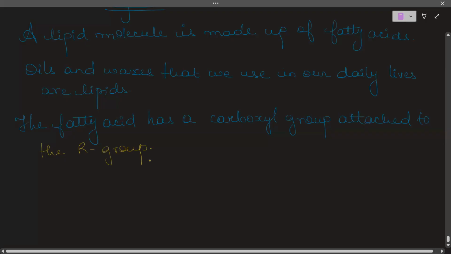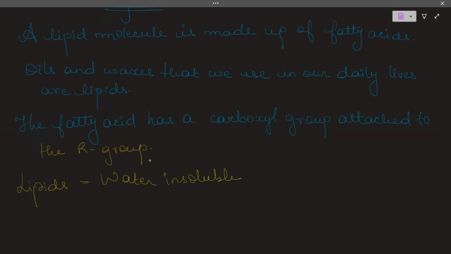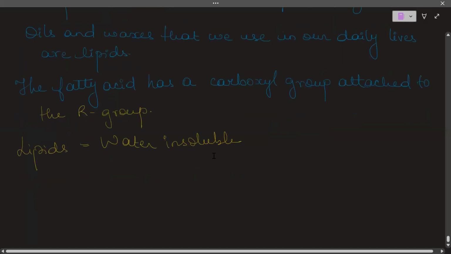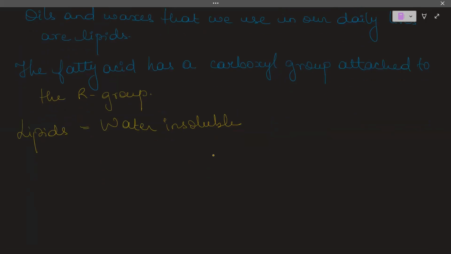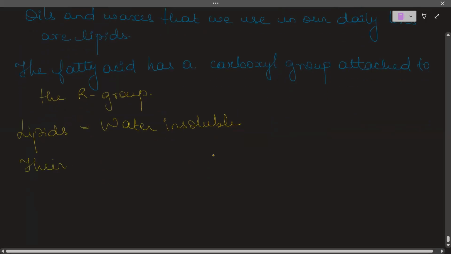Now when we talk about the lipids, they are water insoluble, and because of this very reason we call them biomacromolecules. That's the only reason. Apart from that, their molecular weight does not exceed 800 Dalton.